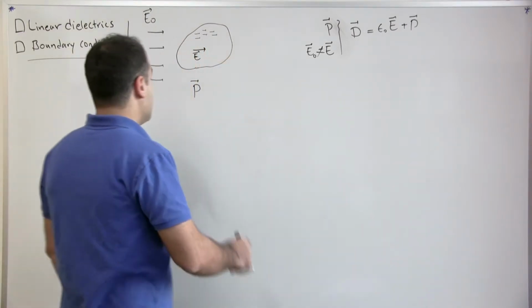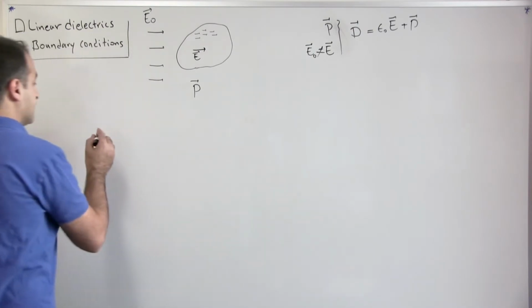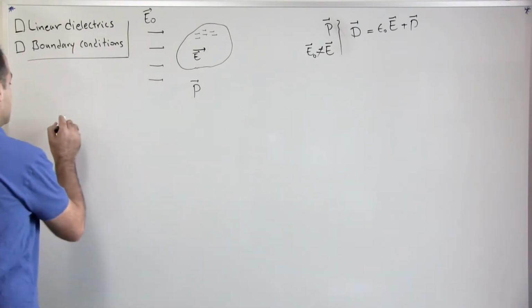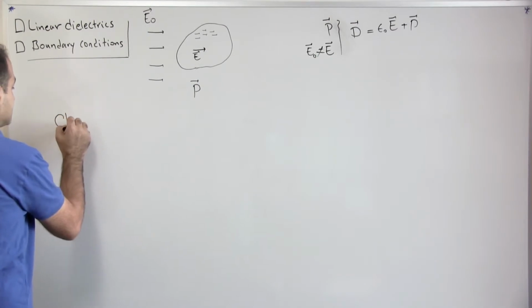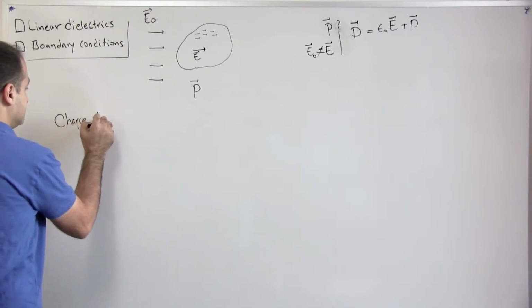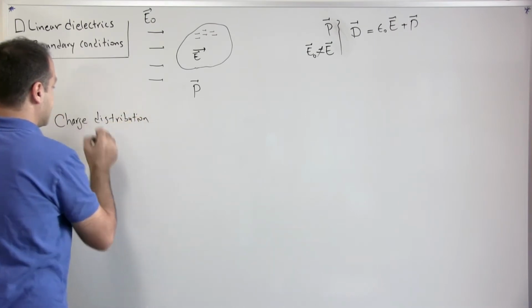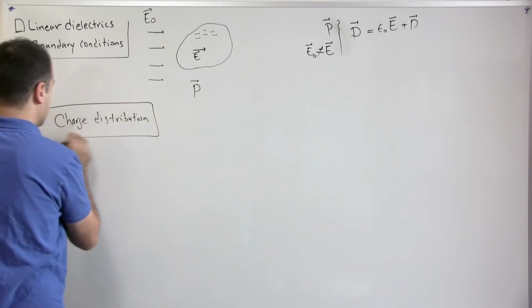Typically in a lot of problems, and in a couple of examples that we want to do today, we have a charge distribution and we want to find the electric field.